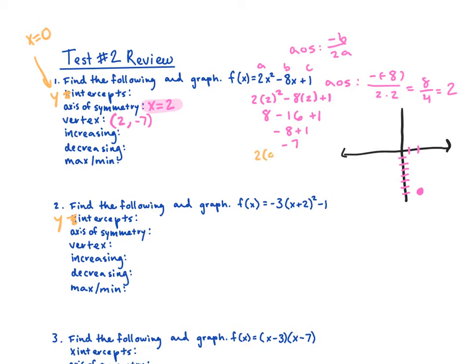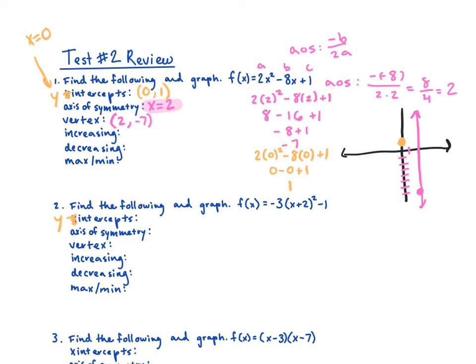So we have 2 times 0 squared minus 8 times 0 plus 1. So this would be 0 minus 0 plus 1, which is 1. So when we plug in 0, we get 1. So our y-intercept would be the point 0 comma 1. So on our graph, we stay at 0 and go up 1. That would be our y-intercept, where our graph crosses the y-axis.